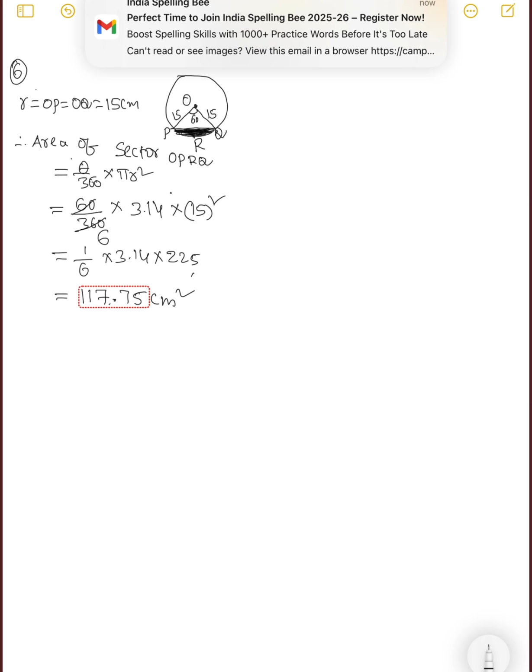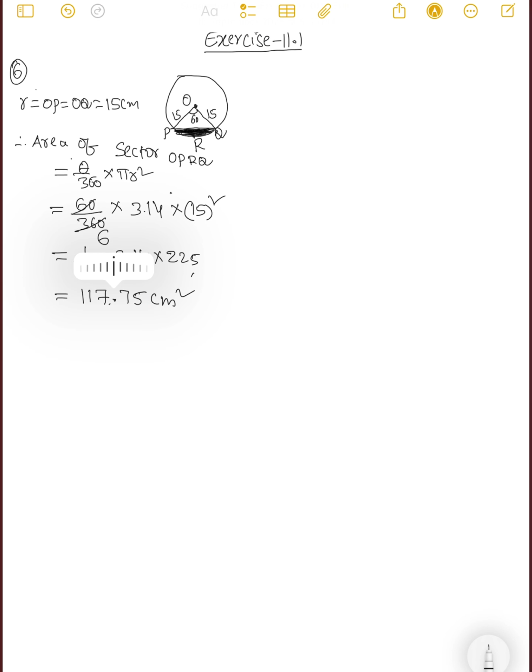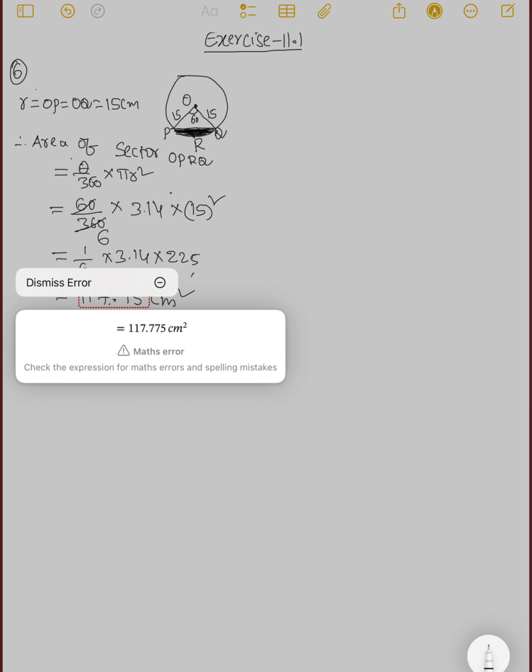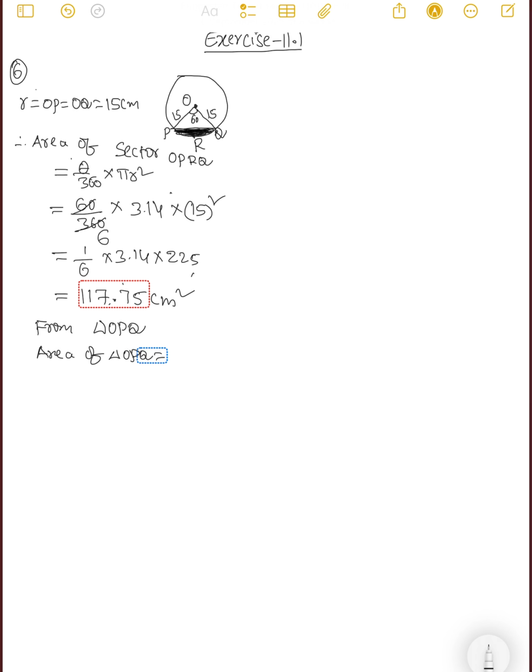Now we find the area of the minor segment. From this figure, we observe triangle OPQ. Triangle OPQ is an equilateral triangle.